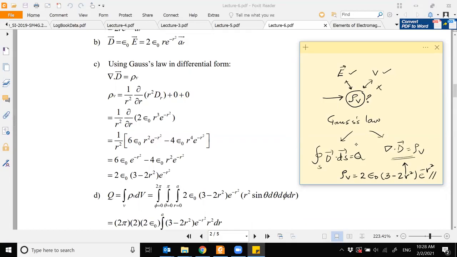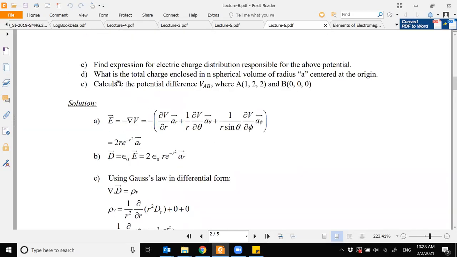By the way, if you use the integral form, you will get the same answer, but you need to identify the easiest approach. The easiest approach is this one; the other approach is difficult. So you got the charge distribution responsible for that potential and electric field.